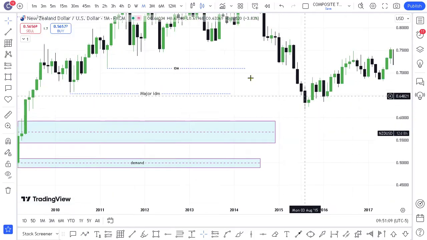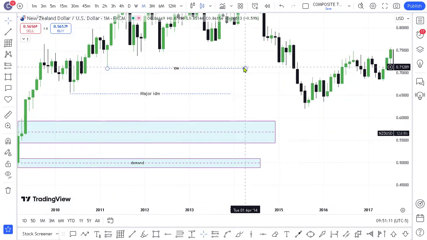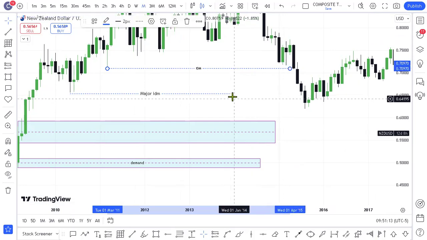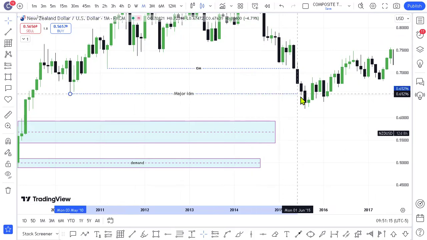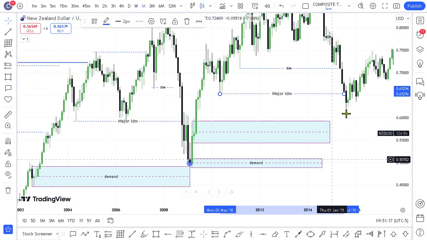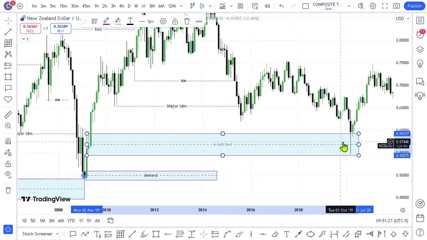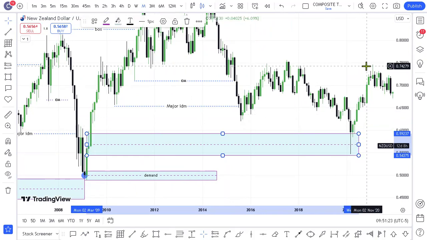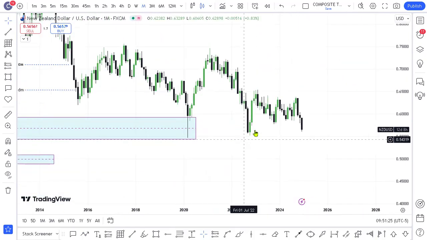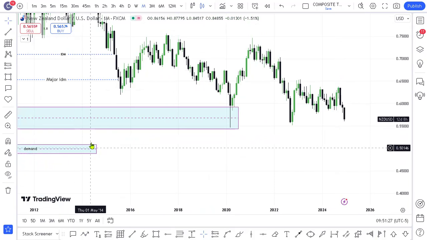So we can see price took out the normal inducement there and went for the major inducement taken out. And once price took out those levels, you can see it first mitigated this decisional demand and attempted to go higher. And you can see it failed and it's attempting to go higher to this one at the extreme.